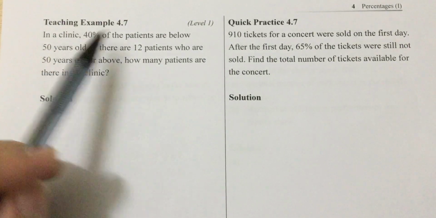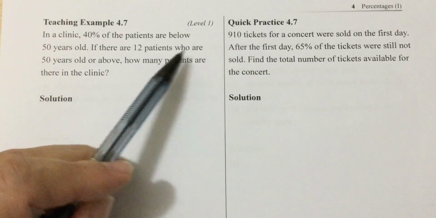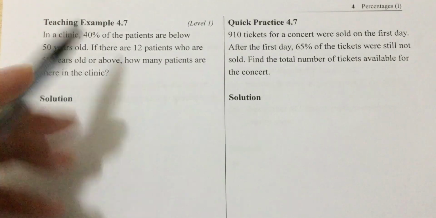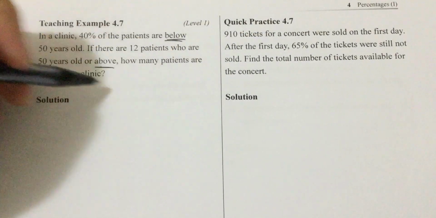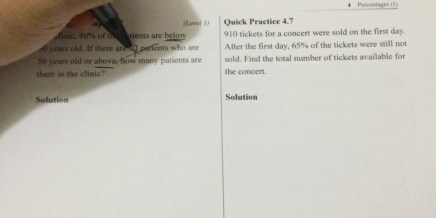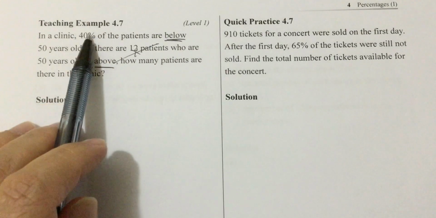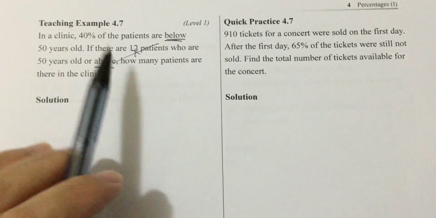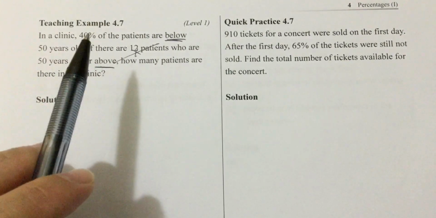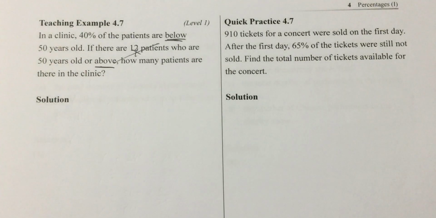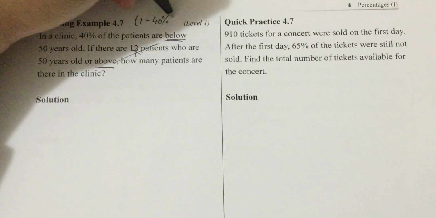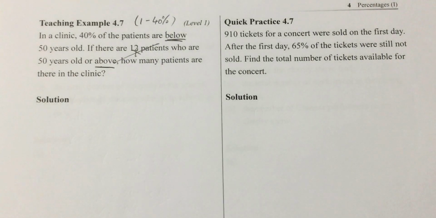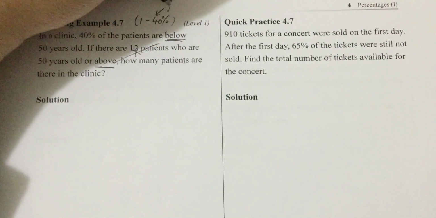This is the percentage, but 12 patients are 15 years old or above. This is below, and they are totally different. They are not equal. So we need to find the percentage for above. Obviously, that is 1 minus 40%, which means this is 60% for above.